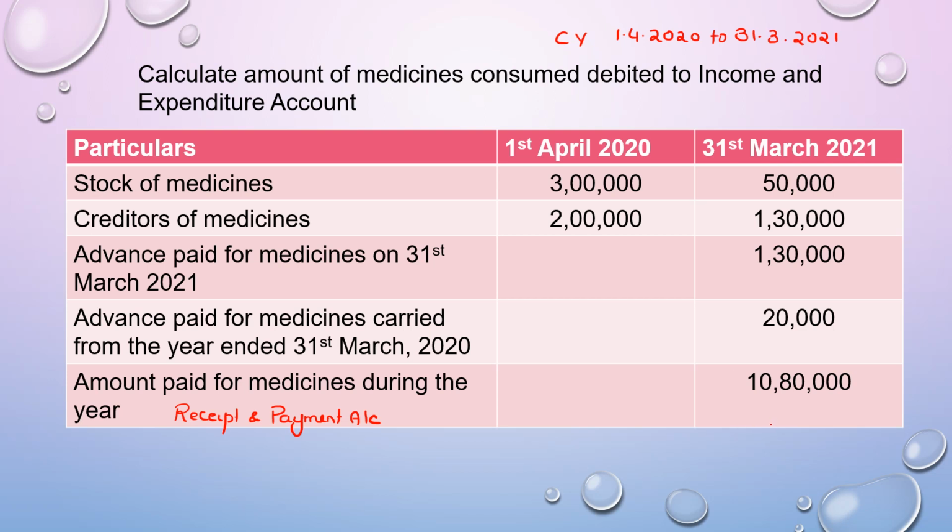When we are preparing the statement method, as I told you for the revenue expenditure of salary, where salary paid we take, in the same way we will be using this 10,80,000 as a starting point, and we would adjust all these items to arrive at the medicine consumed during the year. So please pause this video and note down this question and then continue with the video.